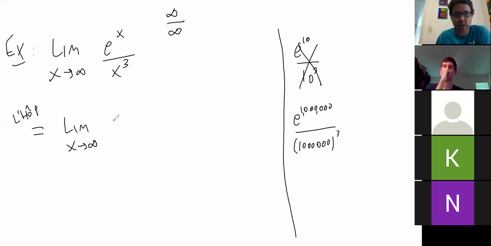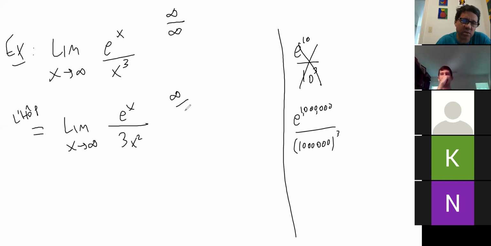And we get the derivative of the top, which is e to the x, and the derivative of the bottom, which is 3x squared. Well, if we plug in big numbers, the top goes to infinity and 3x squared goes to infinity. It's certainly not as fast as x cubed, so I've lost some power on the bottom here.